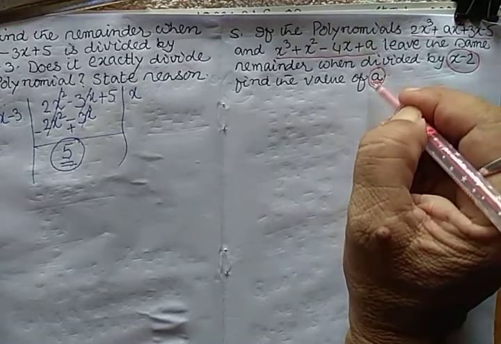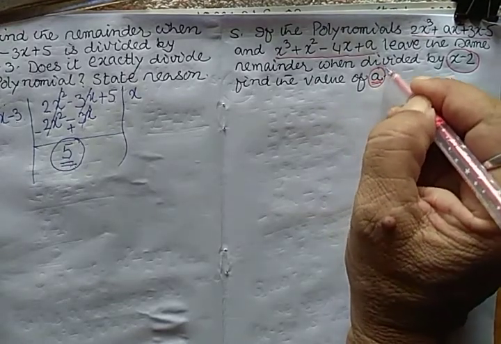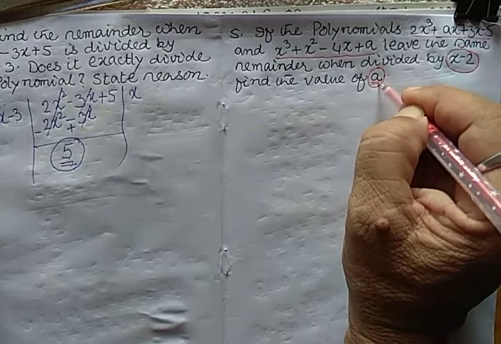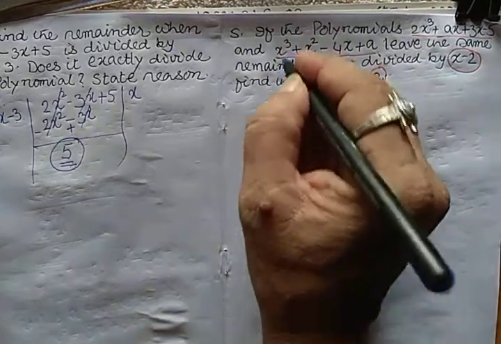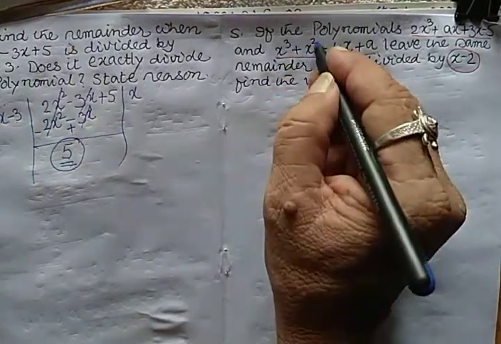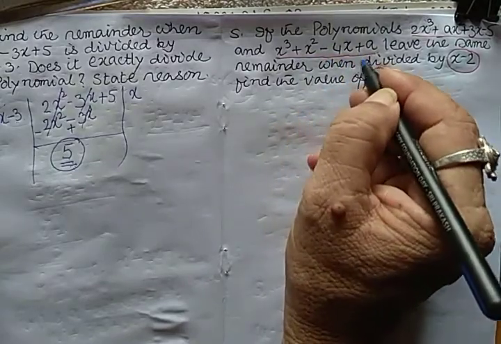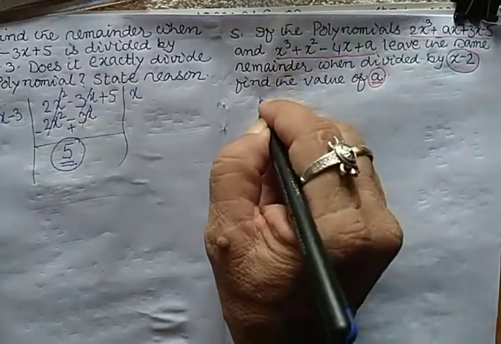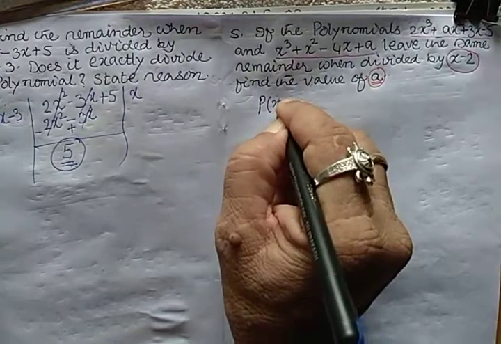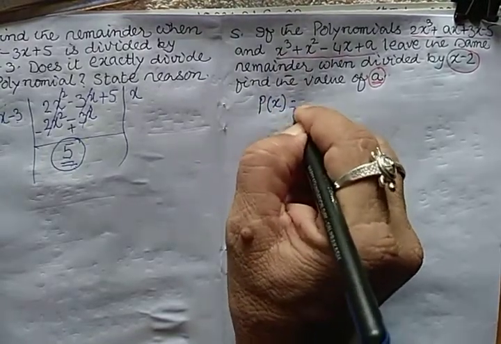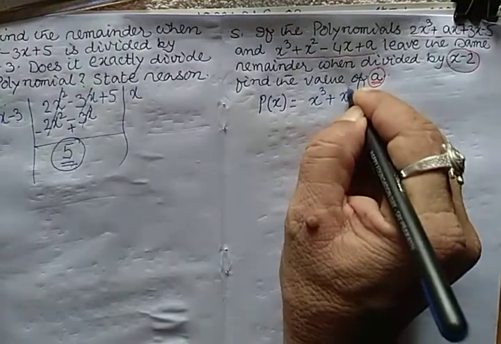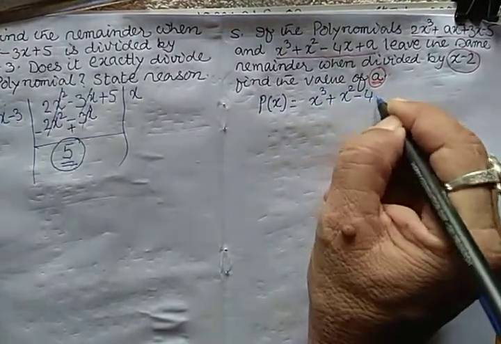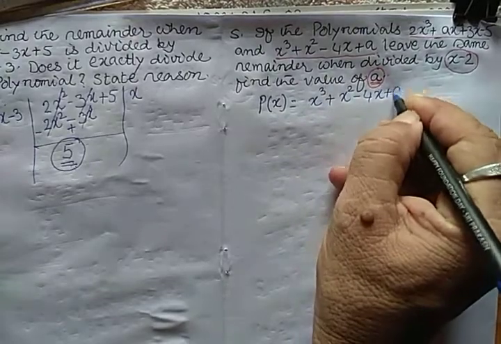So what we do, let us denote x cube plus x square minus 4x plus a by p(x). p(x) is equal to x cube plus x square minus 4x plus a.